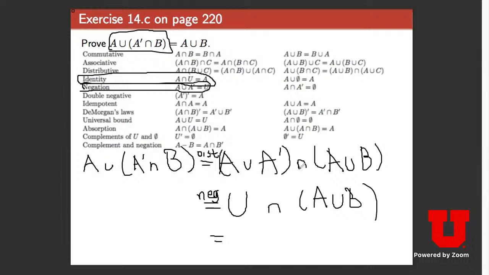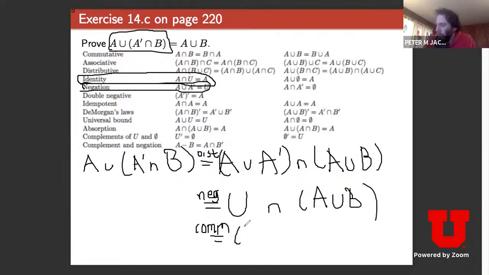So that's exactly the right idea. But first, we're just going to put in a commuting. We're going to commute these two sets. So this will be A union B intersection U. And then, as Lewis mentioned, now we can apply the identity. So here, this is our A union B, and then we have the universe. So applying the identity operation, we are left with A union B, and we're done.